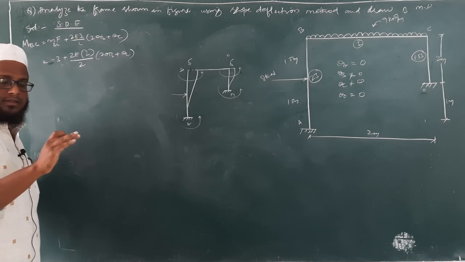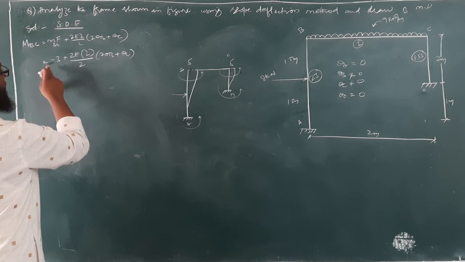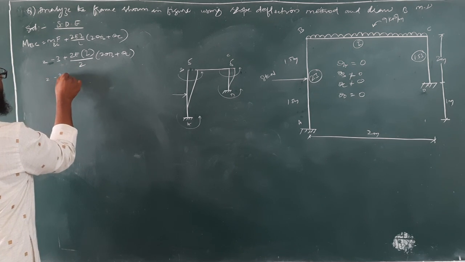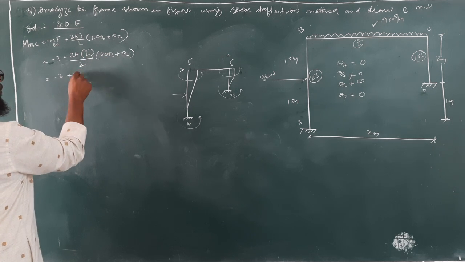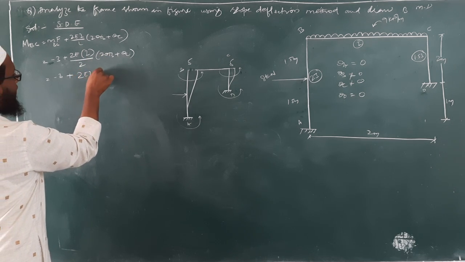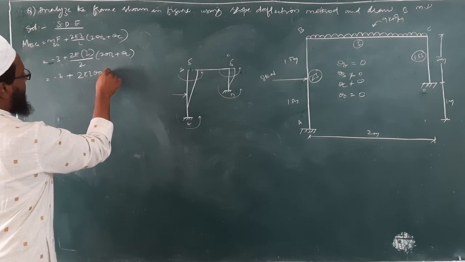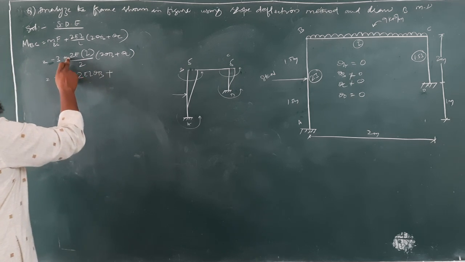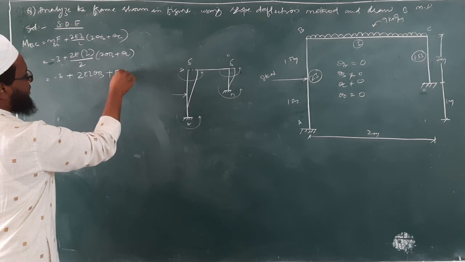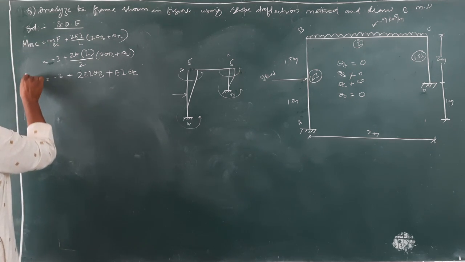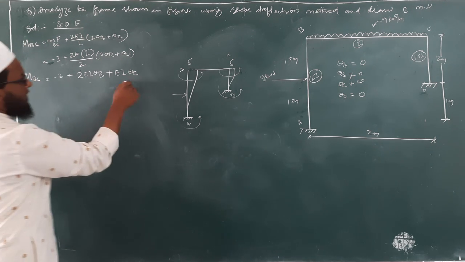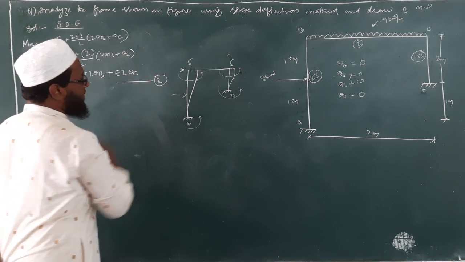They have some value. So minus 3 plus 2 2s are 4, 4 by 2, 2 EI theta B plus EI theta C. Able to follow this one? This is MBC. This is equation number 3.